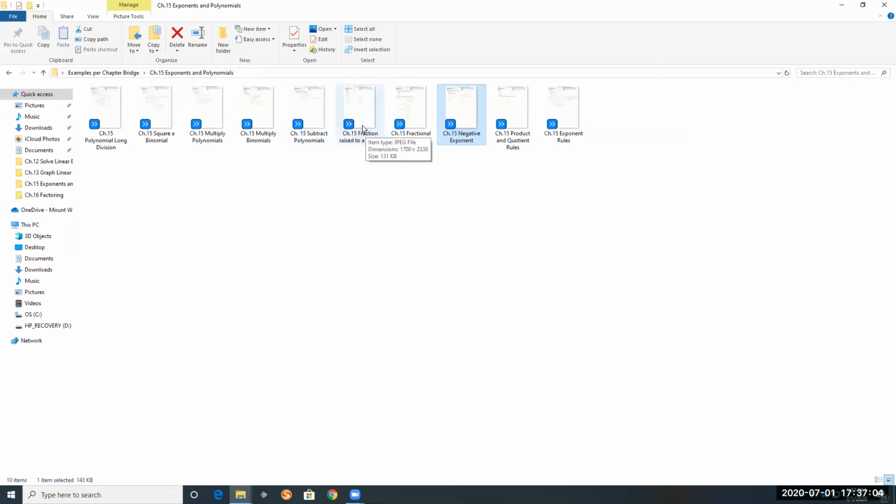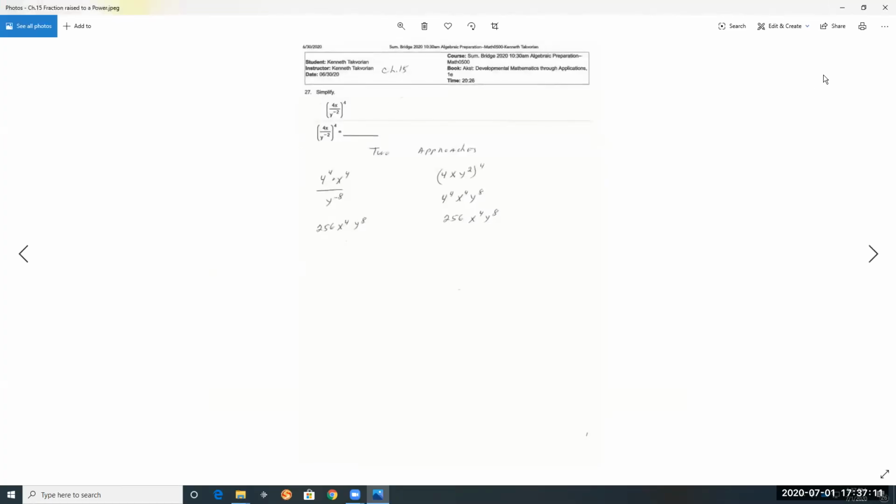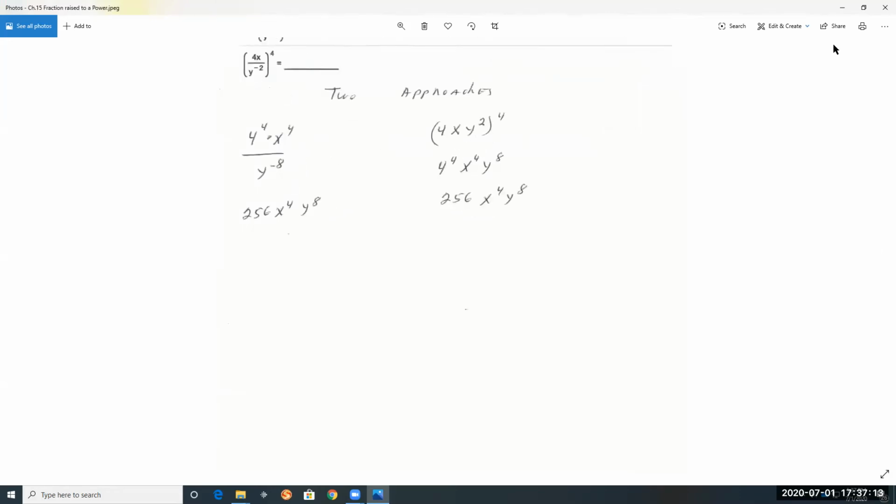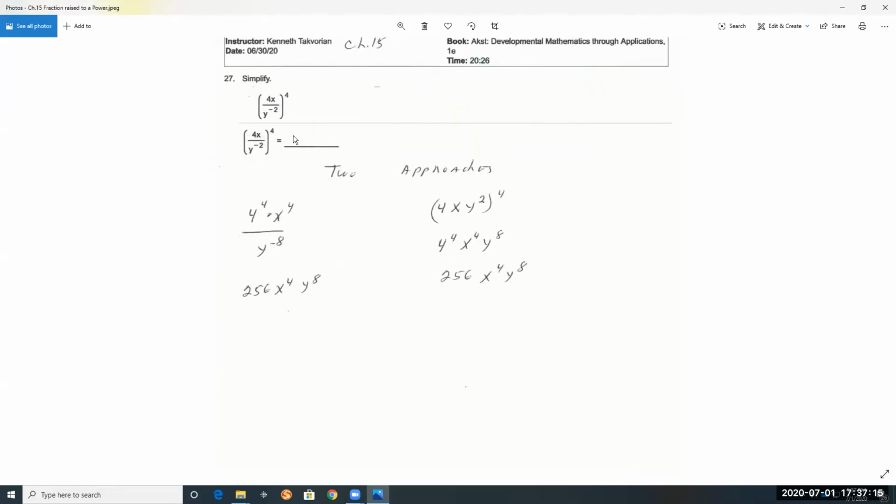Let's take this one. We have a fraction raised to a positive power. Two ways of looking at this problem. Let's look at the method on the left.